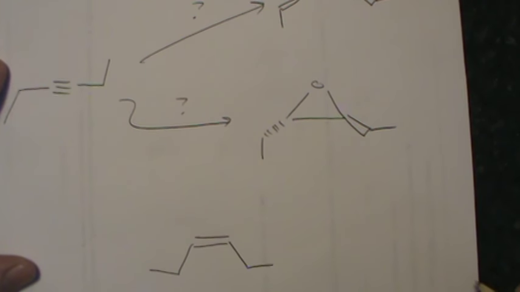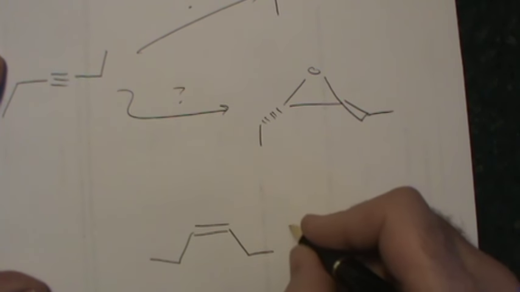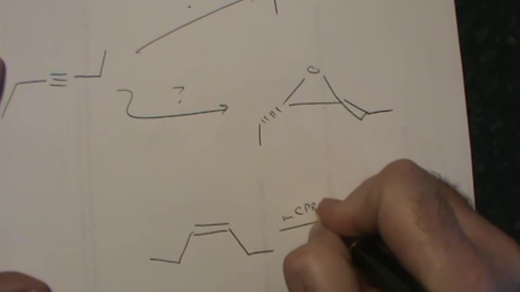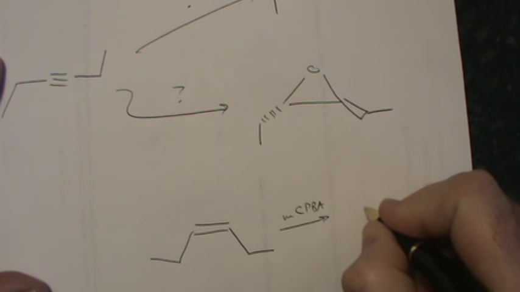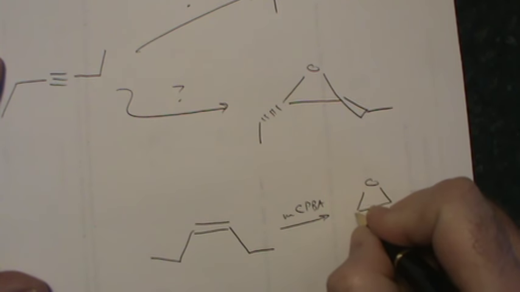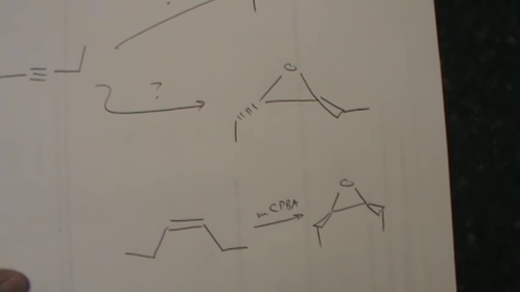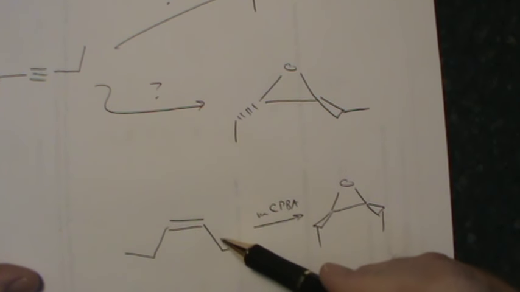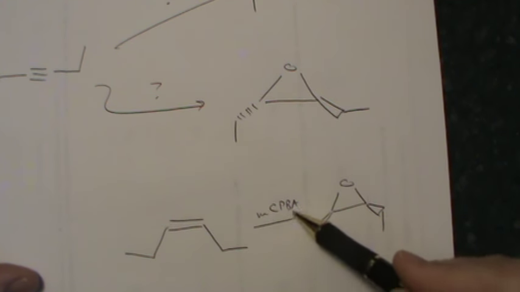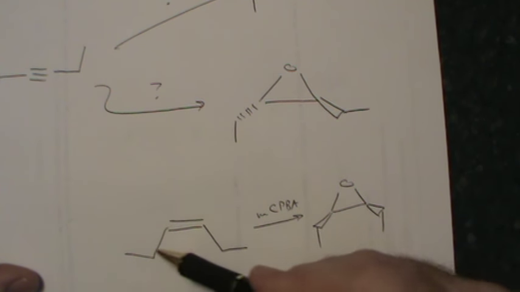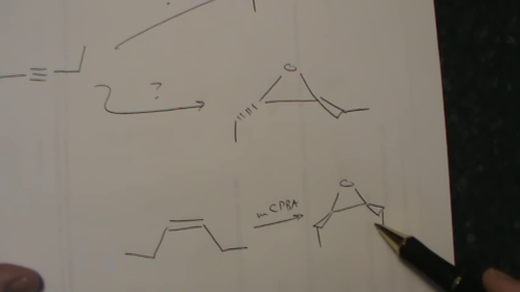So this cis alkene right here can be converted through an MCPBA reaction to the corresponding oxirane in which the stereochemistry of the alkene is maintained. If you start out with a cis alkene and you have a concerted reaction, which this oxidation with a peracid is, completely concerted, then these are going to have to remain cis at the end of the day.